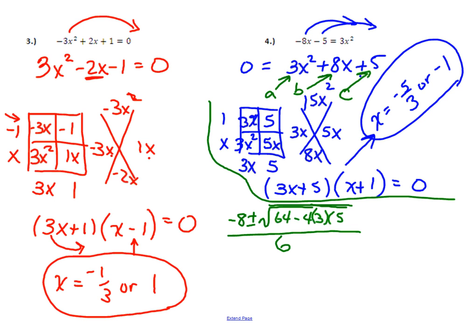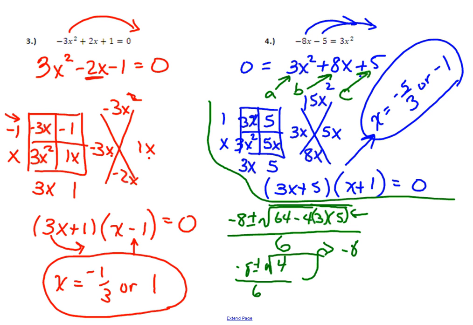And then solve under the square root. So I have negative 8 plus or minus the square root of 12 times 5 is 60, so I just have a 4 here, because 64 minus 60, all over 6.